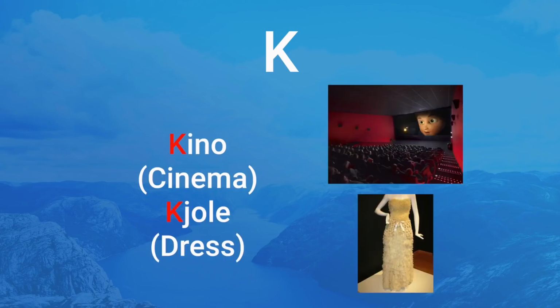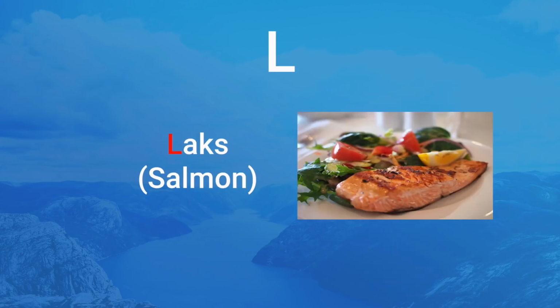K, konge. The K can also have a sh sound, and that is usually when it's in front of an I or a J. Examples of this are kino, kjole. L, laks.